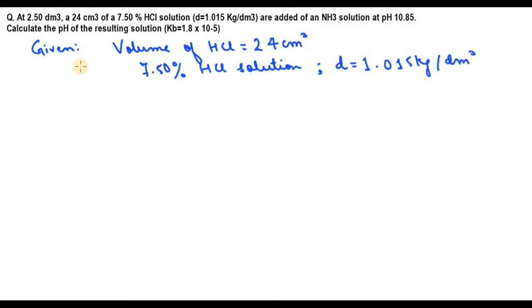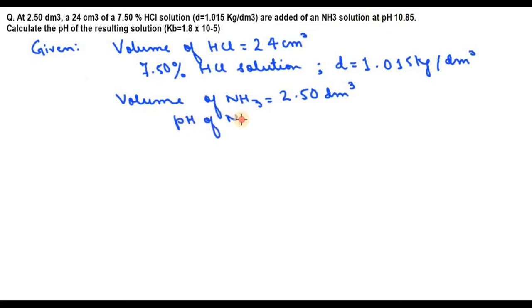Alright, and then it is given that HCl solution is added to NH3 solution and the volume of NH3 solution is 2.50 decimeter cube. So let's write it. Volume of NH3 solution is 2.50 decimeter cube, and it is also given that the pH of NH3 solution is 10.85.